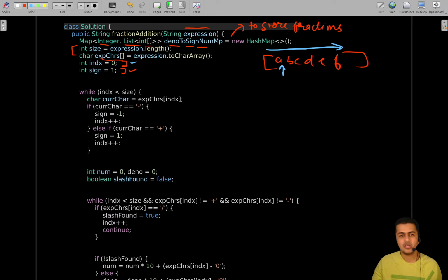Sign will be the sign of the current fraction that you are forming. Okay, and then you will do a linear traversal of the expression character by character. This while loop is for that. And then you will see what is the current character being processed. So this part is for expression processing.